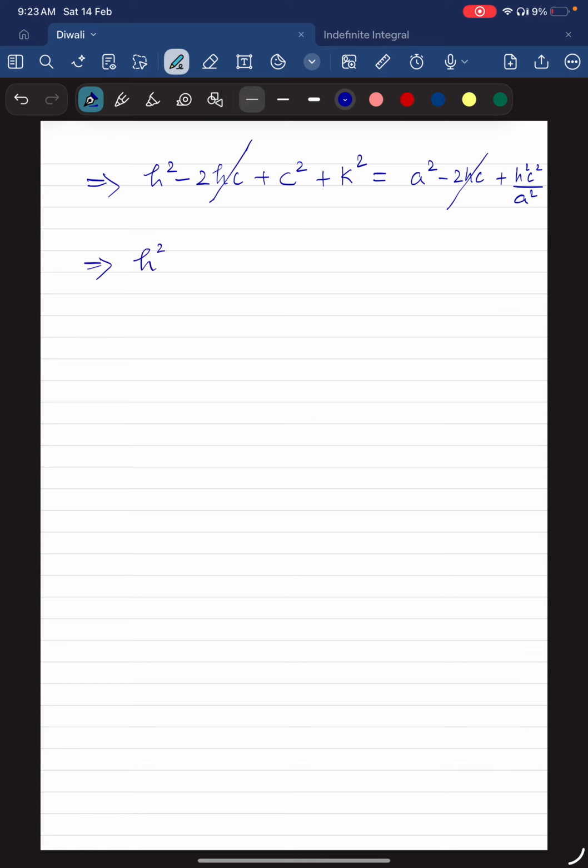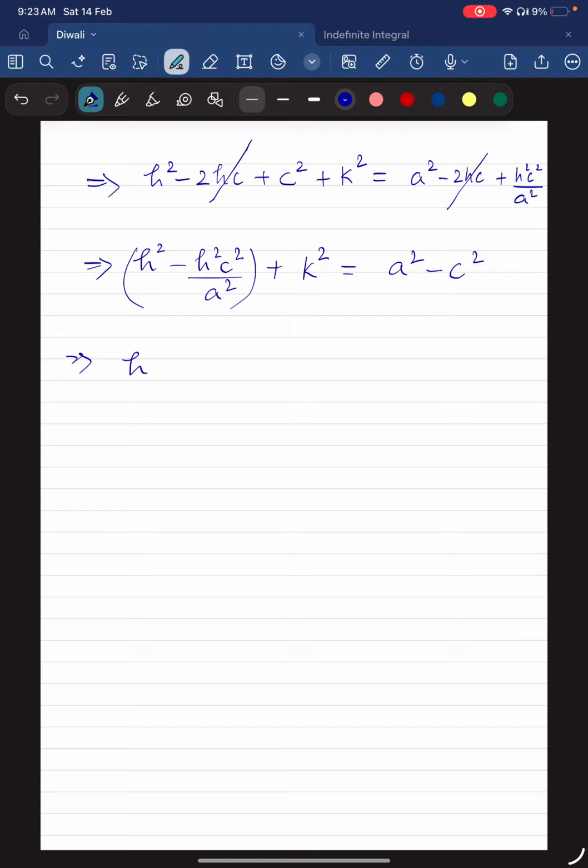Finally, I'm bringing this expression H square C square upon A square on the left hand side, that is minus H square C square upon A square here. K square remains on the left hand side, A square remains on the right hand side, and I'm moving this C square on the right hand side. This becomes minus C square.